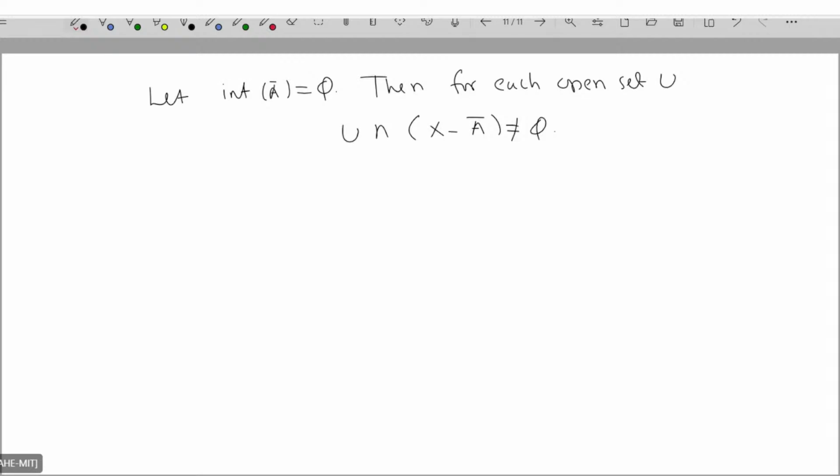Fine. Okay, so next I am writing another statement. If A is nowhere dense, then its closure is also nowhere dense.